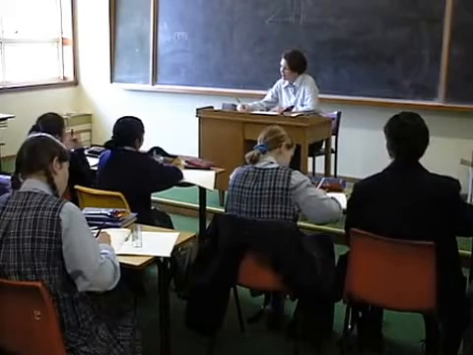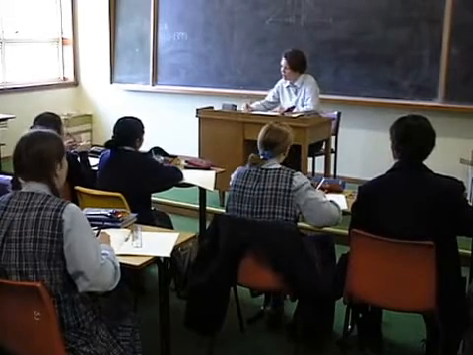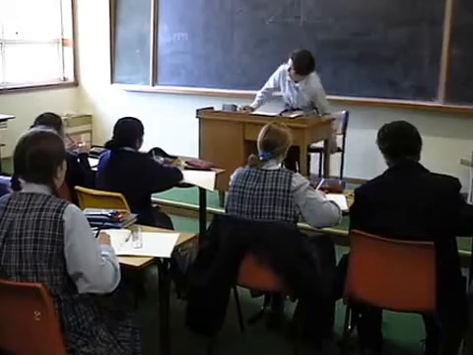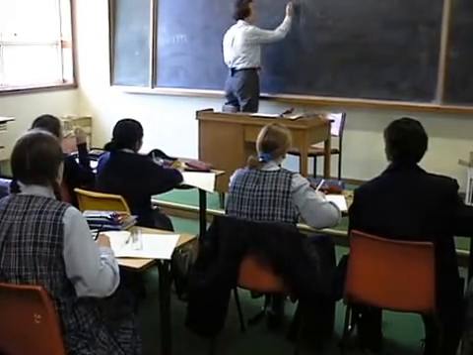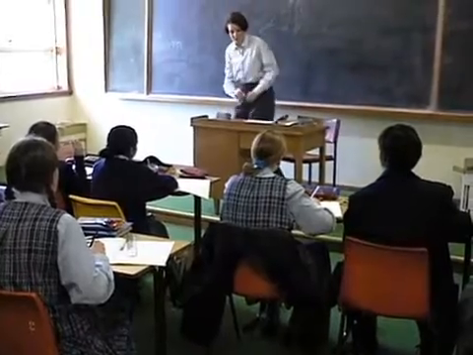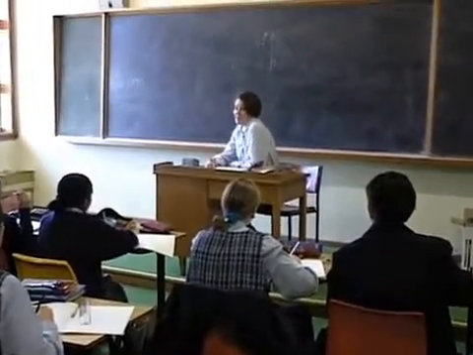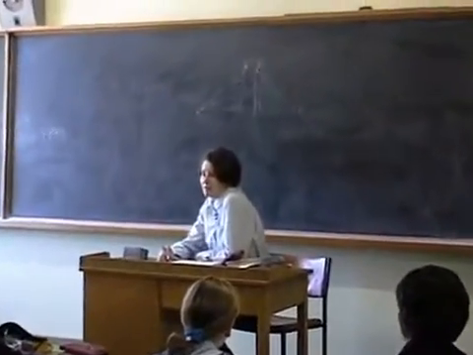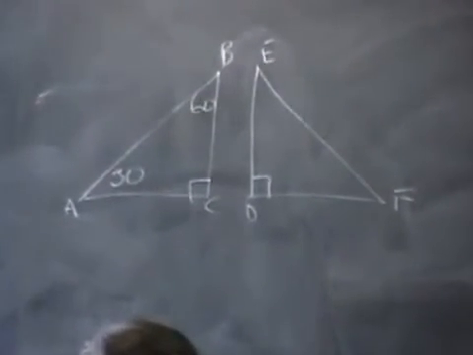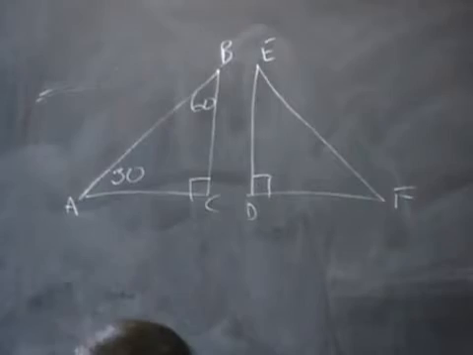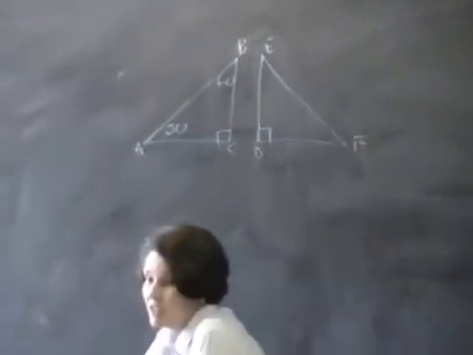Number three, if angle A is 30 and angle B is 60, what size is angle E? Number four, what size is angle D?